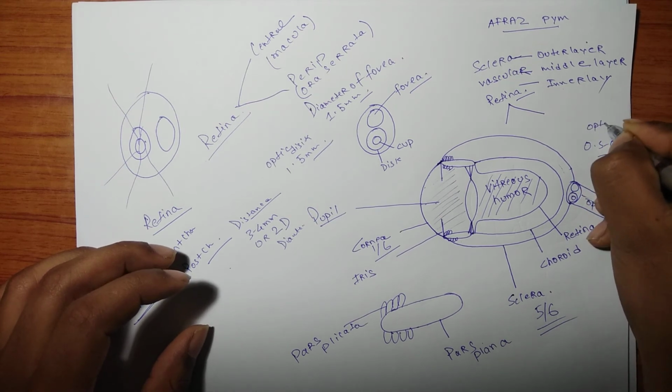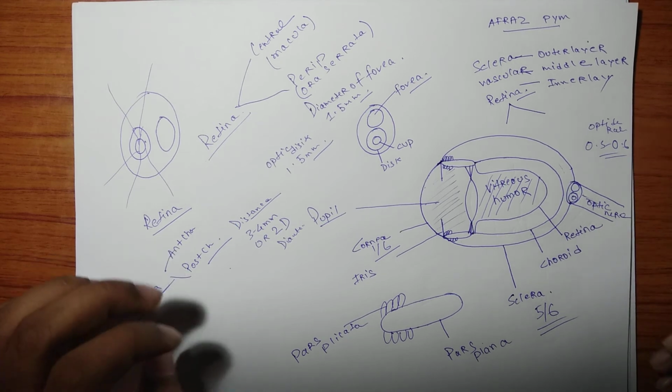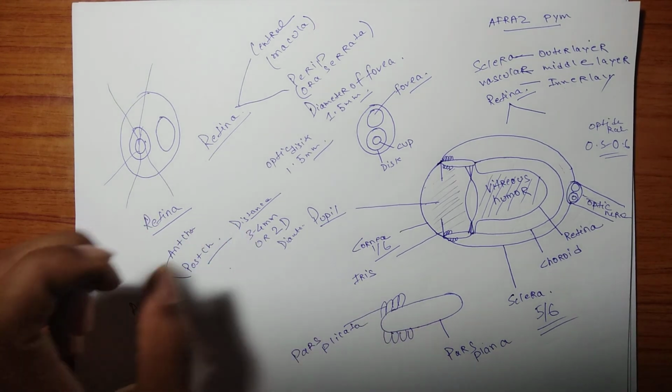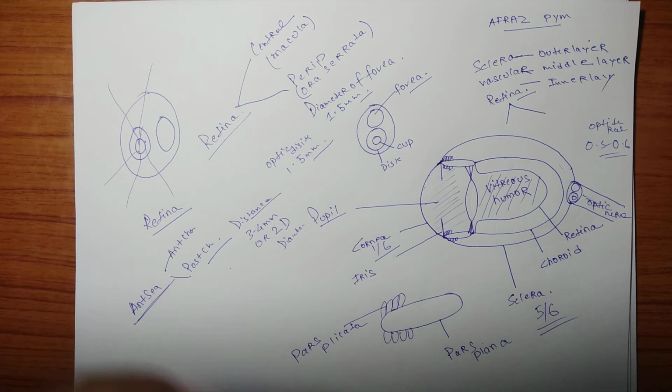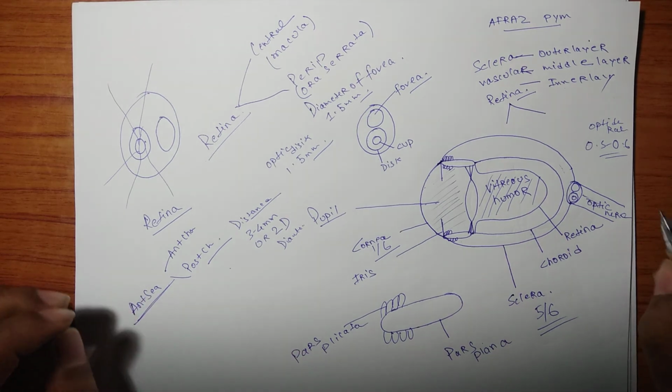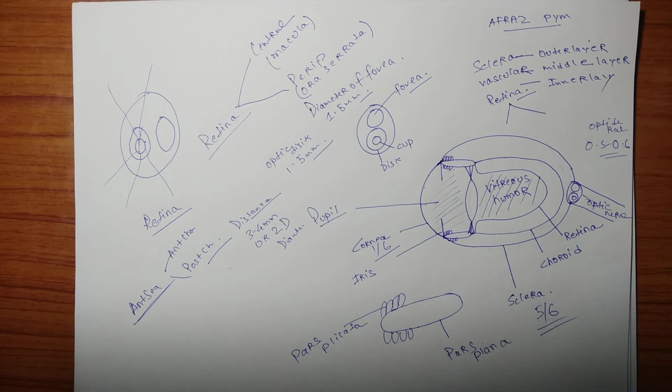Optic disc and optic cup ratio is 0.3 to 0.6, right? So if this ratio is increased, then we will know that there's maybe some edema, maybe due to glaucoma, disc changes have been there. So that is a different topic. This is just a basic understanding of the eye, and this is the cross section.